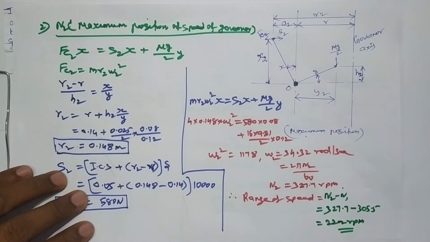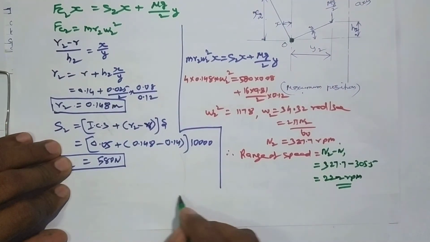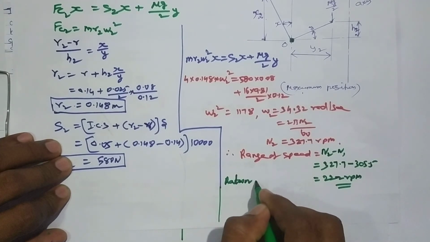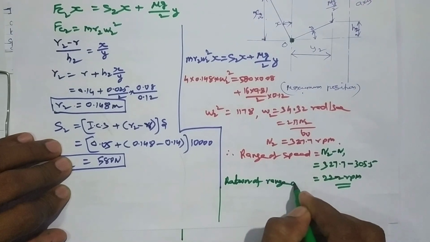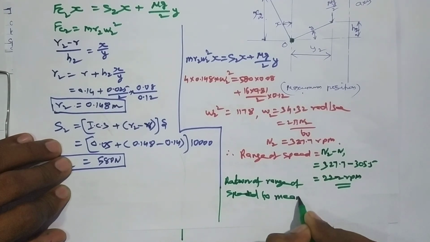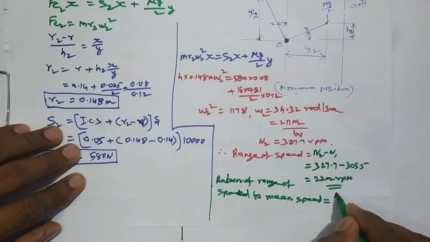So that is called as a range of speed. Ratio of range of speed to mean speed you have to find out. So ratio of range of speed to mean speed equal to, right, n2 minus n1 divided by n, right?